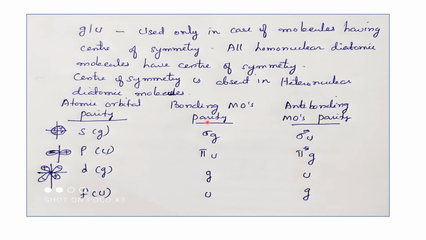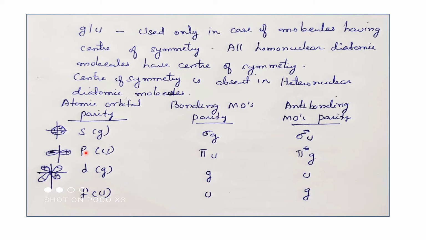Bonding molecular orbital is also gerade. But anti-bonding molecular orbital is ungerade.